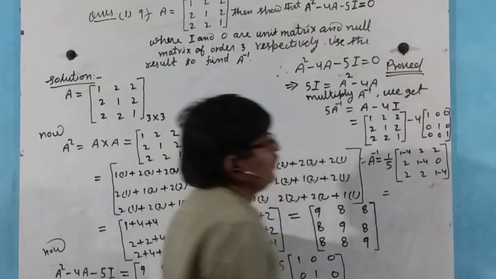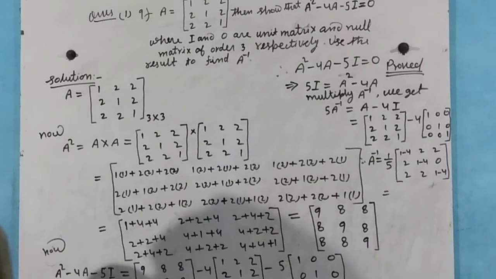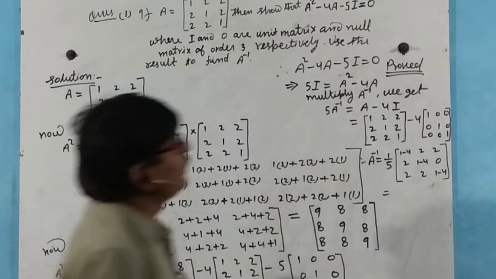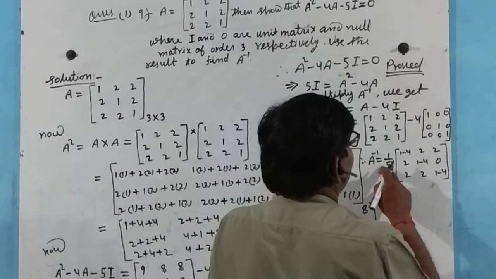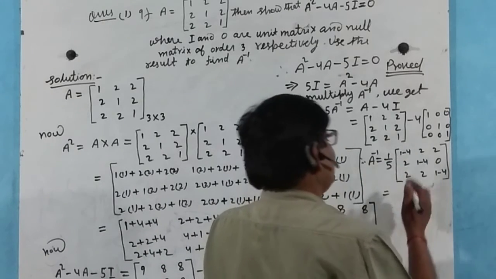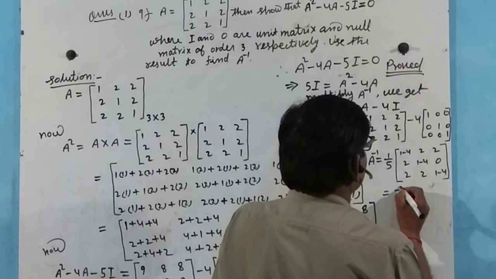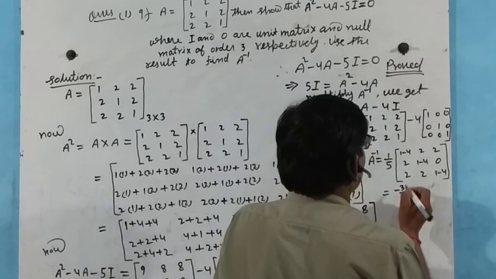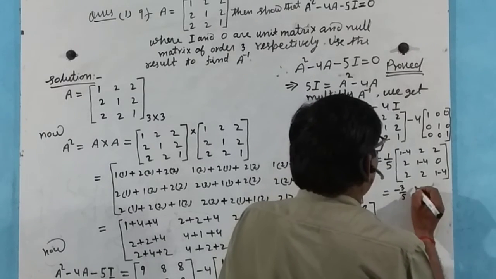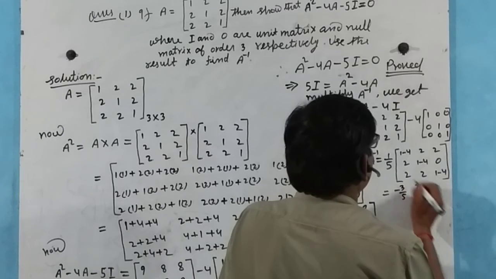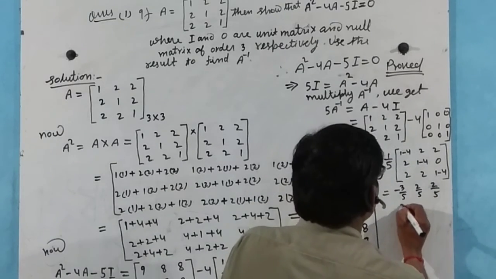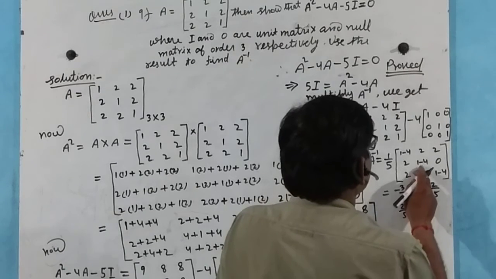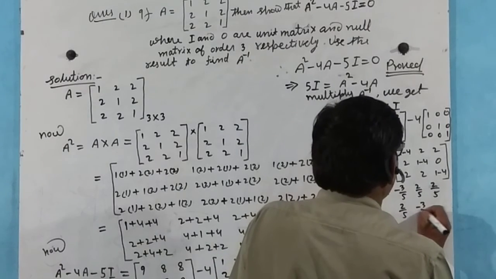So that this comes minus 3, and 1 by 5 multiplies each element, so that minus 3 by 5, 2 by 5, 2 by 5, 2 by 5, minus 3 by 5, 2 by 5, 2 by 5, 2 by 5 and minus 3 by 5.